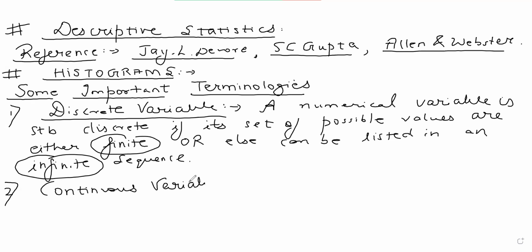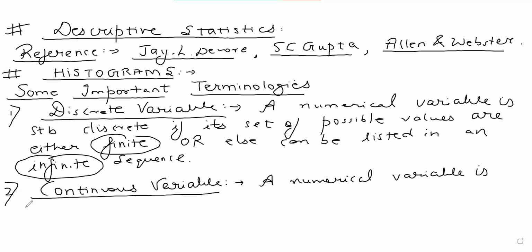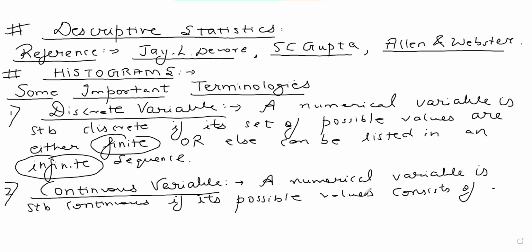I can write that a numerical variable is said to be continuous if its possible values consist of an entire interval on the number line.